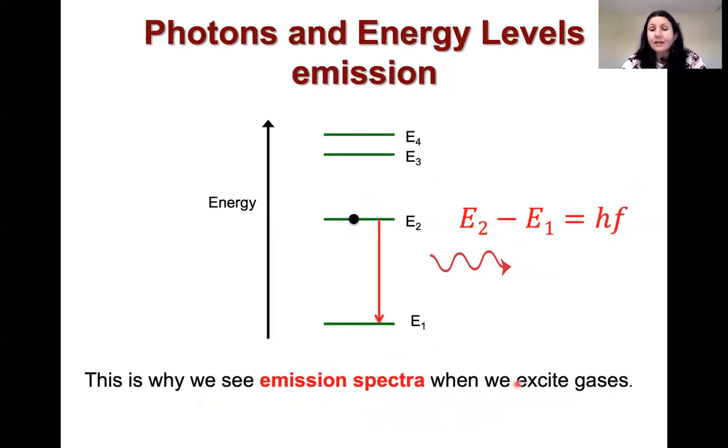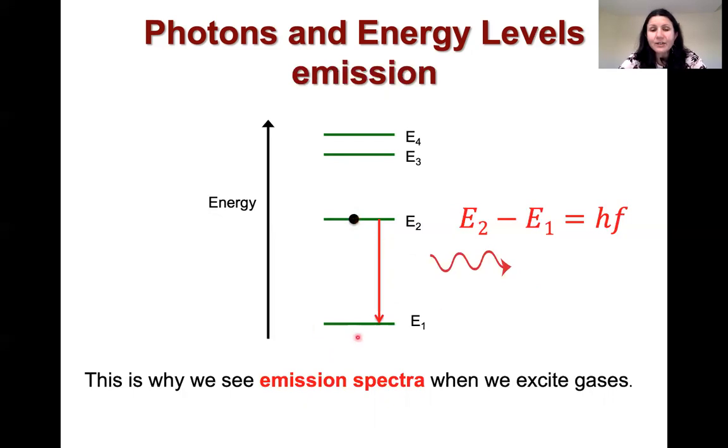The same thing happens with emission. So what is emission? If your electron is already sitting up there at a higher energy level, it's typically not a stable state, so it wants to drop down to a lower energy level. When it drops down, what happens? It loses energy. Where does that energy go? It goes into the emission of a photon.